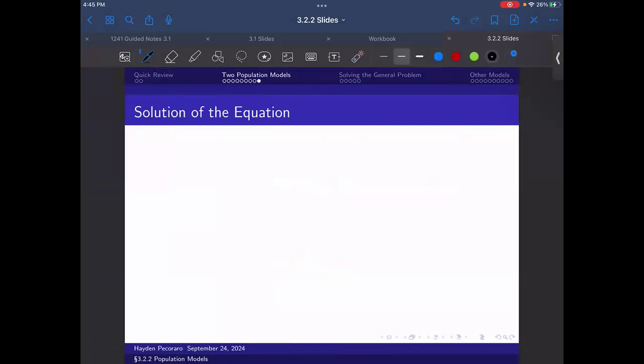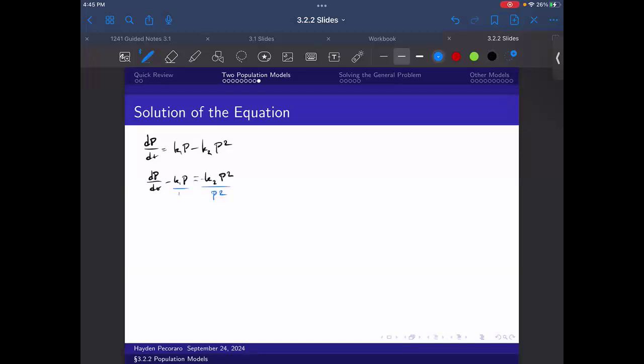So we've got the derivative is what's that? K1p minus K2p squared. And we can treat this as separable or Bernoulli. I like Bernoulli right now, so we'll do that. If we rewrite this, we've got the derivative minus K1p equals minus K2p squared.